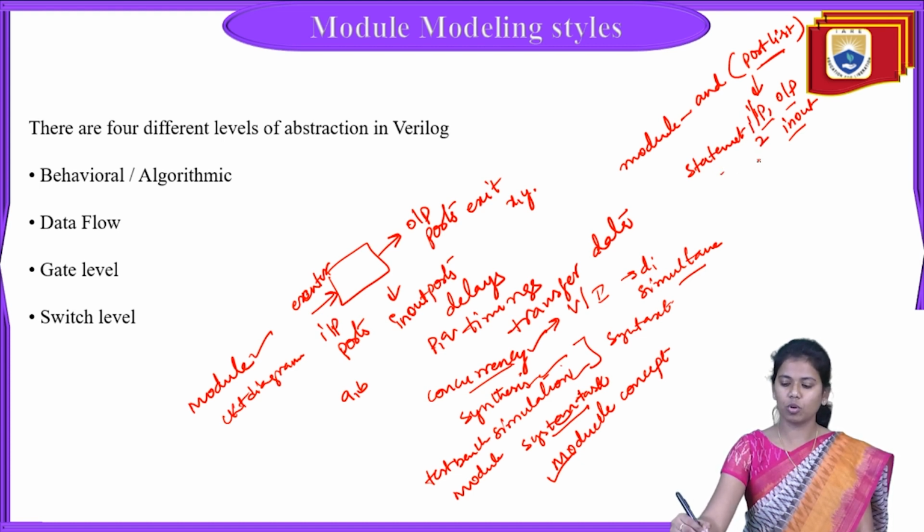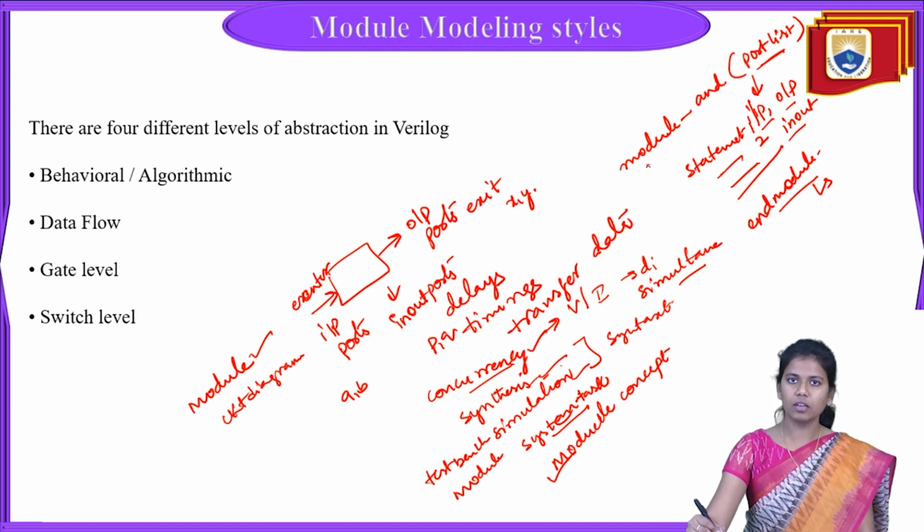If you have more than 2 statements, they will be declared here. At the last, we end the syntax with the end module. This is the exit of the syntax.